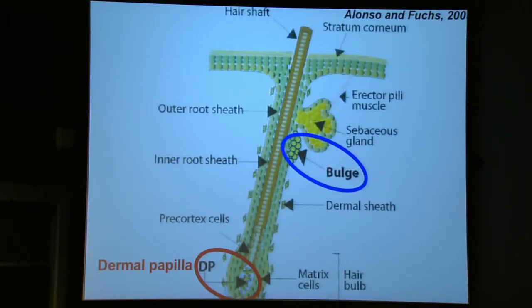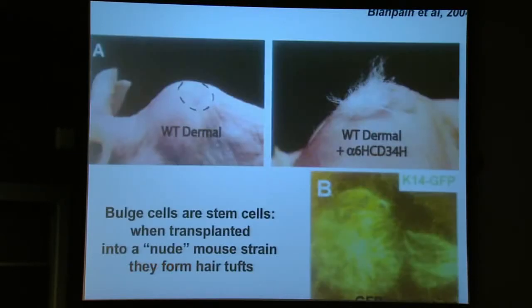Her investigators isolated these bulge cells and did the following experiment to show that they were hair stem cells. There's a kind of mouse called a nude mouse that has a very bad immune system, so it's useful for immune system experiments, but it also has no hair. And you can do a transplant into this mouse of these bulge cells, and you get little tufts of hair growing where the rest of the mouse is nude.